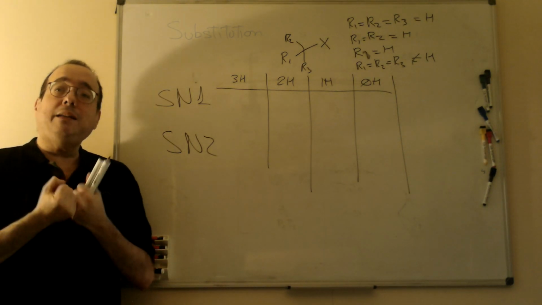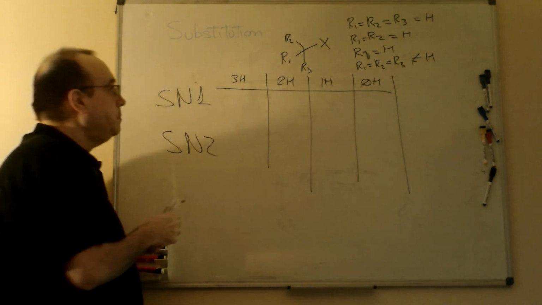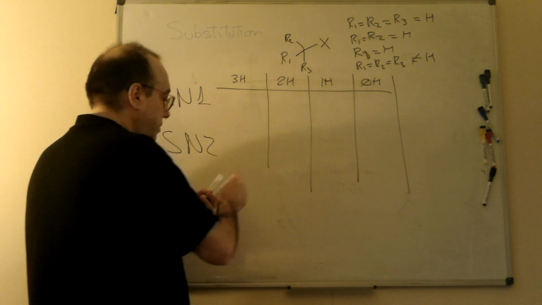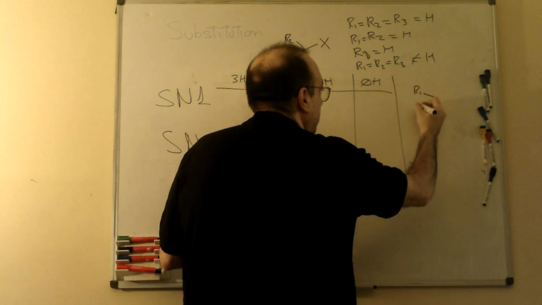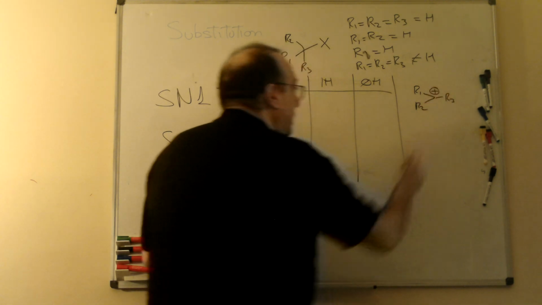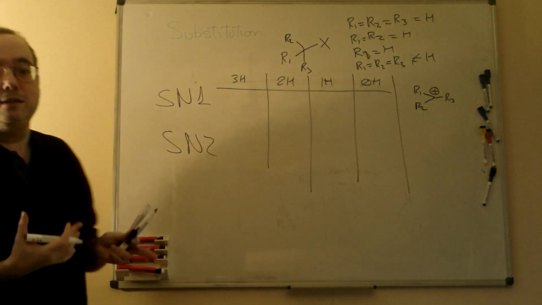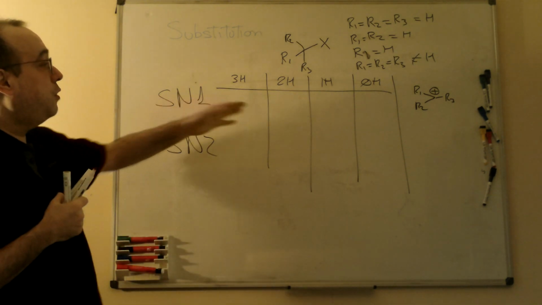Then we have to analyze which is the mechanism. In the SN1, what is happening? We have to form the carbocation. Our objective is to form this carbocation. Okay, this is the objective of the SN1. This is the crucial point. When will it be easier to form a carbocation?